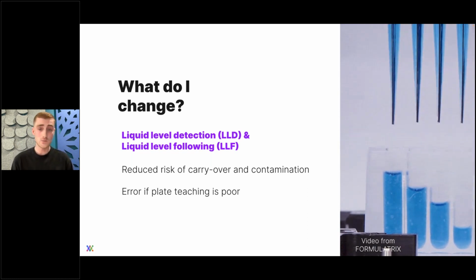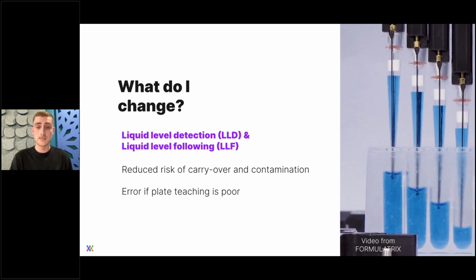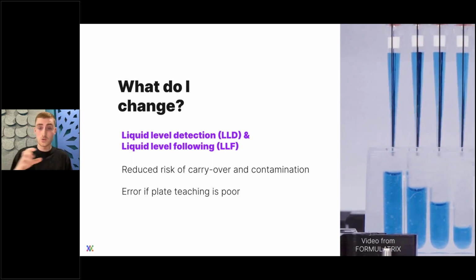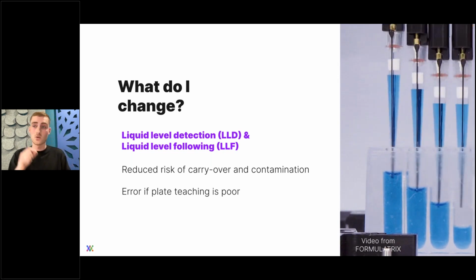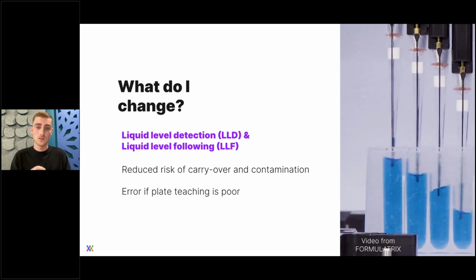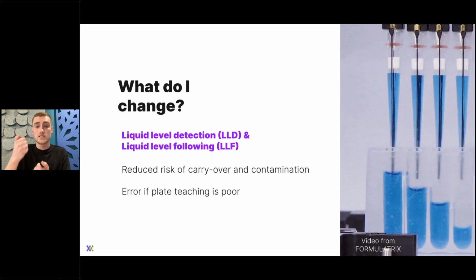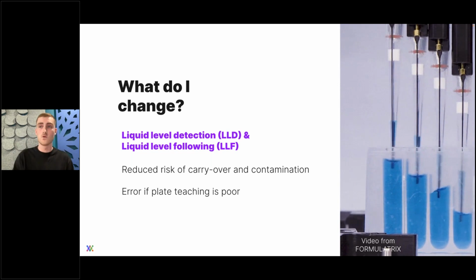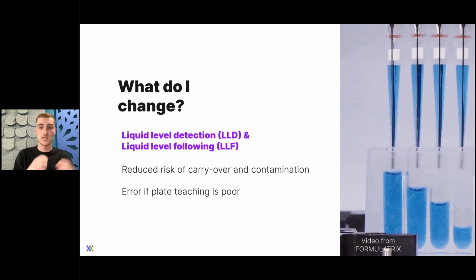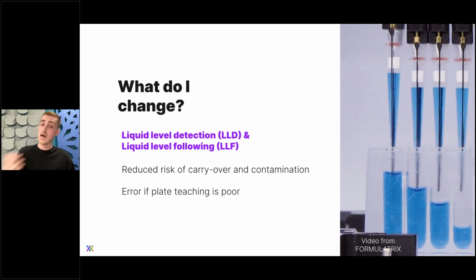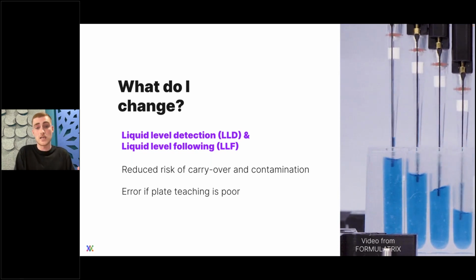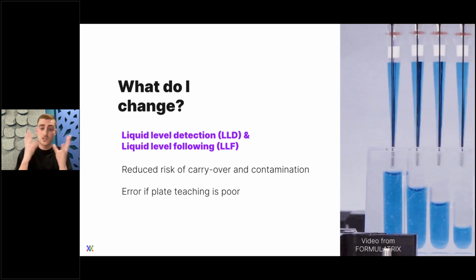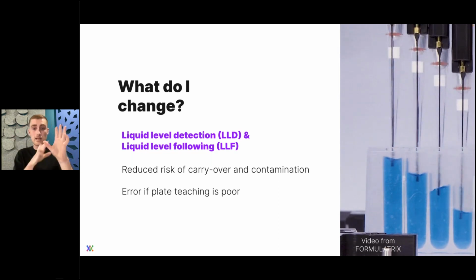In almost all cases, we probably want to do liquid level detection, but it's worth mentioning that if your plates aren't defined properly, or your teaching's poor on your device, your liquid level following will struggle as a result, because it will take into account that geometry to dictate how the tips should move with the liquid during aspiration and dispensing. And if your liquid level detection relies on conductivity, then it'll do this by creating a circuit between the liquid, the plate, the device.